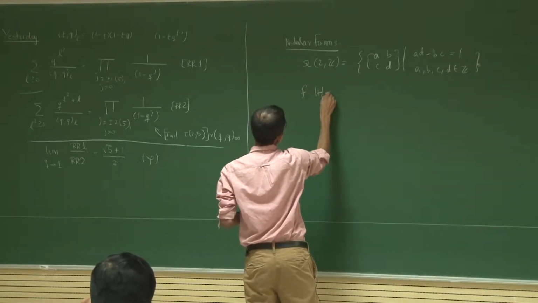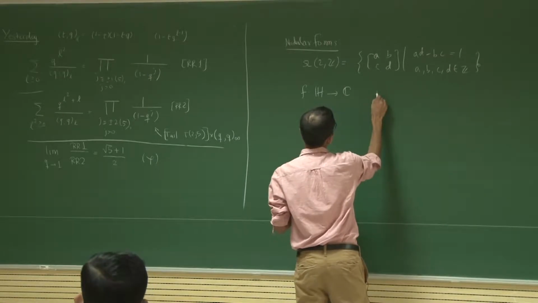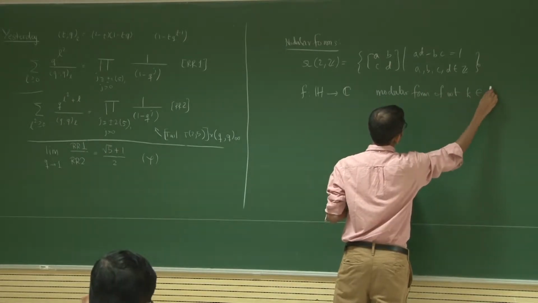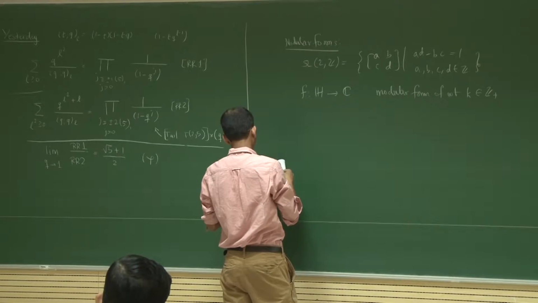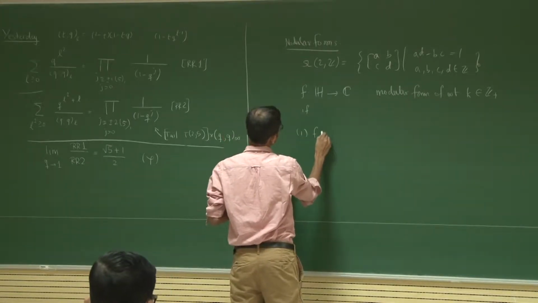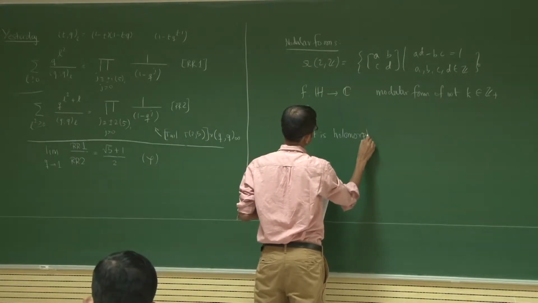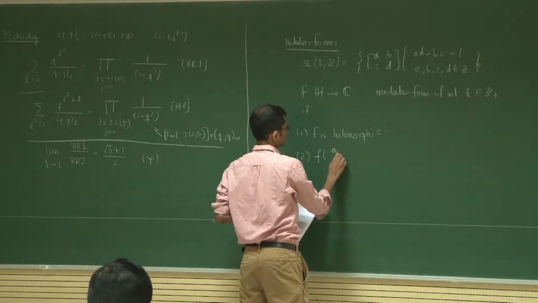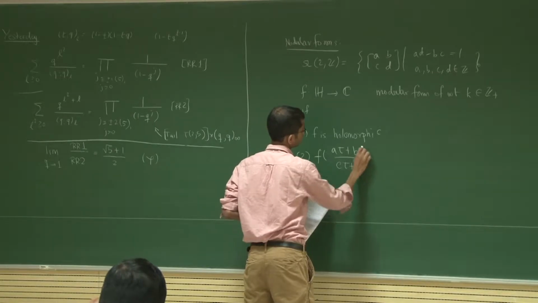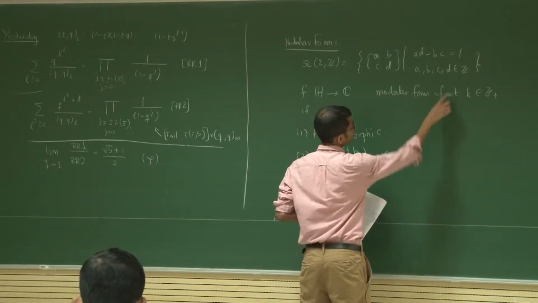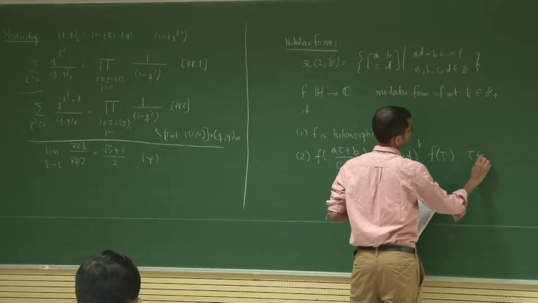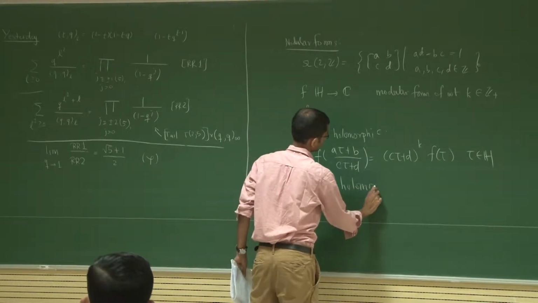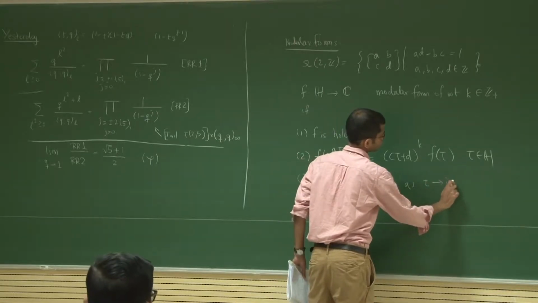A function from the upper half plane to the complex numbers is called a modular form of weight k if f is holomorphic, f of (a tau plus b) divided by (c tau plus d) is (c tau plus d) raised to k times f of tau, where k is the weight, tau is in the upper half plane, and f is holomorphic as tau goes to i infinity.